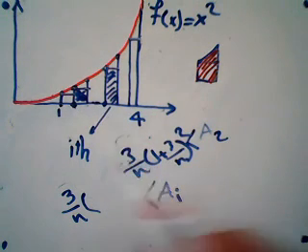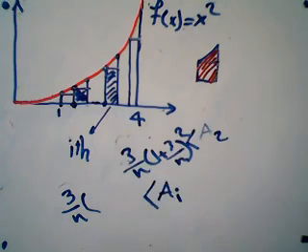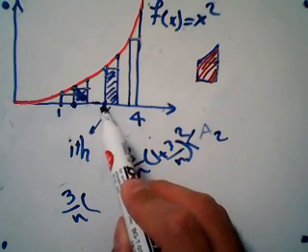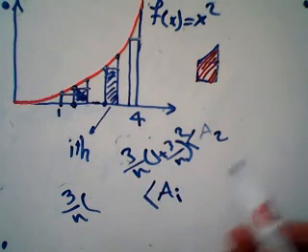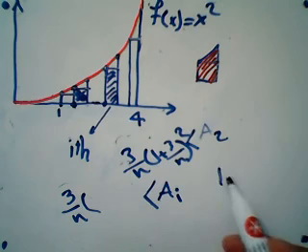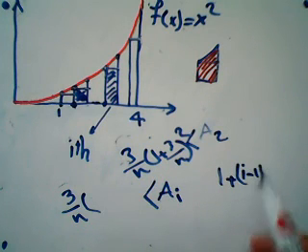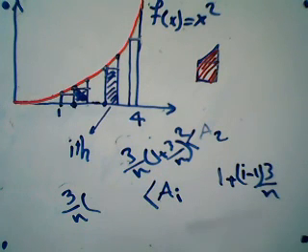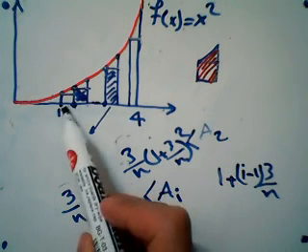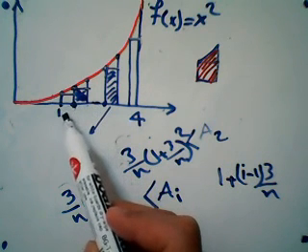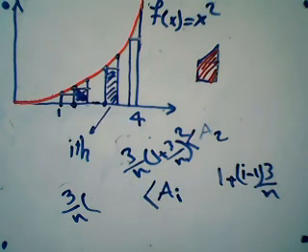So the x-coordinate of this would be 1 plus i minus 1 times 3 over n, because we got i minus 1 subintervals and the length of each subinterval is 3 over n.